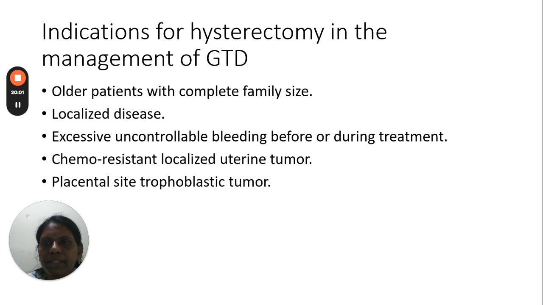Older patients with complete family size, it is a locally malignant disease, that is locally invasive, excessive uncontrollable bleeding before or during the curettage, suction evacuation, chemo-resistant localized uterine tumor, placental site trophoblastic tumor. These are the indications for hysterectomy.